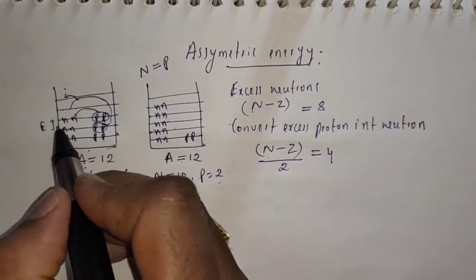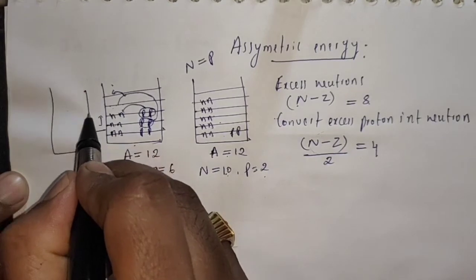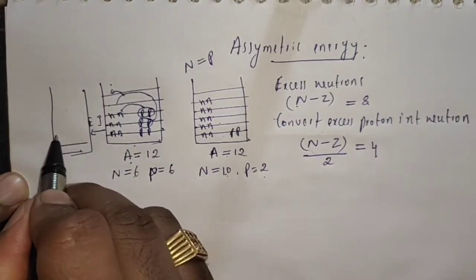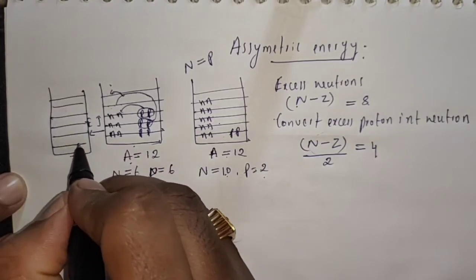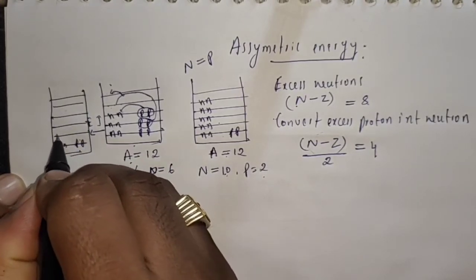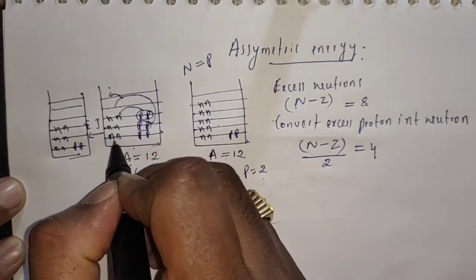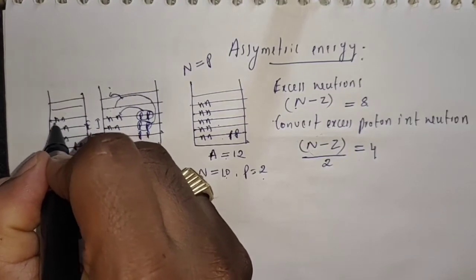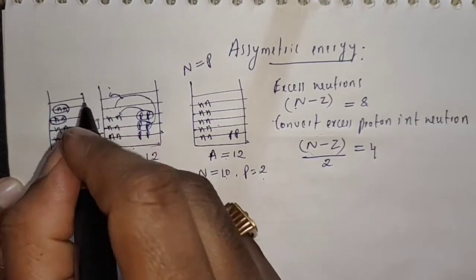And when we convert this nucleus, there are 2 protons and already existing protons are 6, the converted protons, these 2 and these 2, total 4 protons are converted.